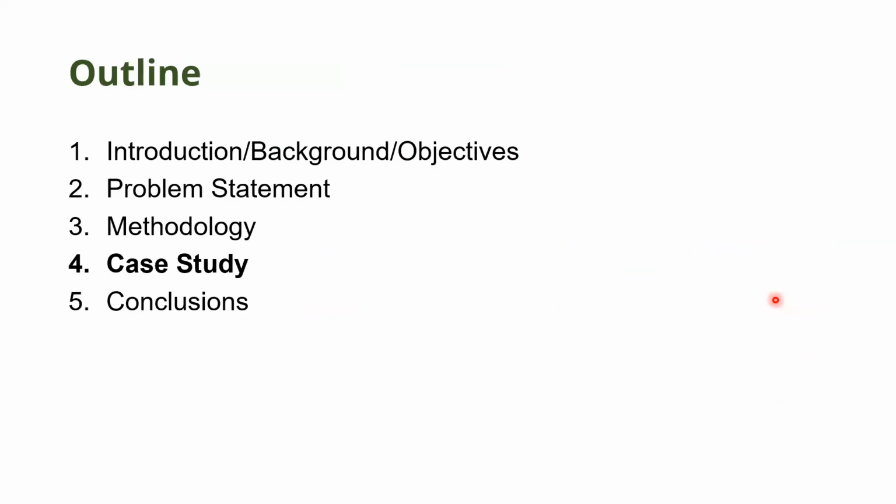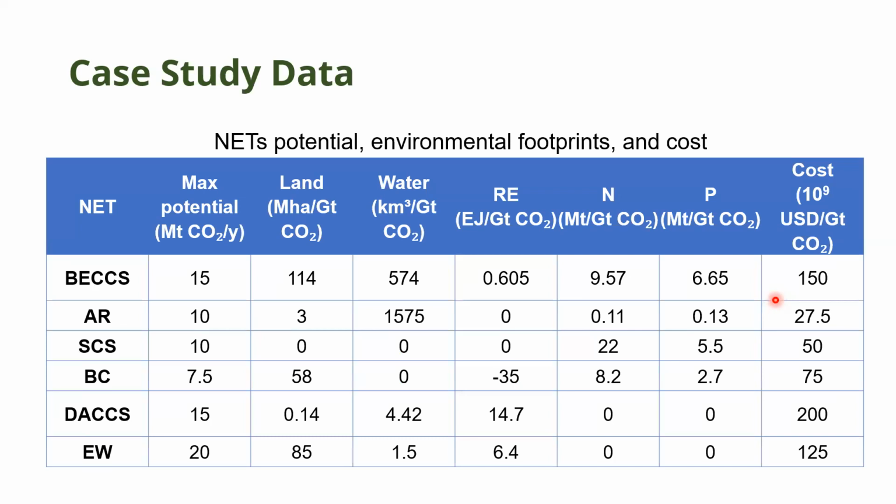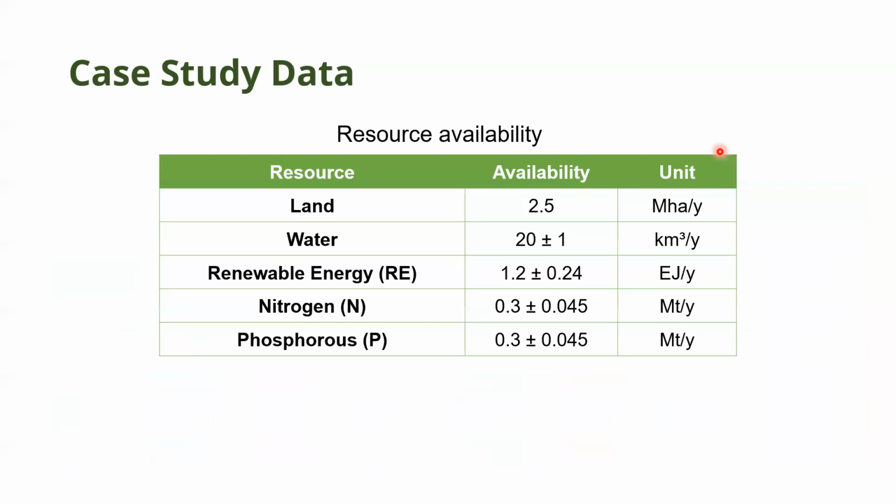Moving on to the case study, 6 terrestrial nets are considered, and their potential environmental footprints and costs are obtained from the literature. 5 resources are constrained in this study, but for the resource availability, only water, renewable energy, nitrogen, and phosphorus are investigated for variations.